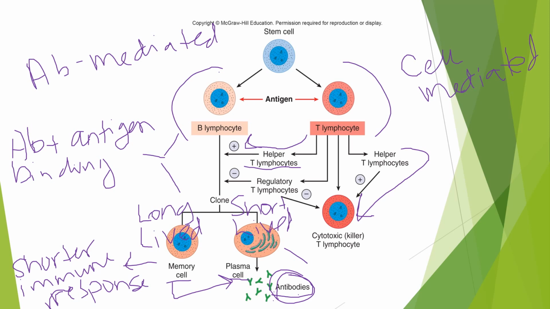Problems that can occur with these killer T cells are seen in autoimmune diseases, where for whatever reason there is some discrepancy in recognition of self, and the self cells that wouldn't kill themselves start killing themselves, starting the apoptotic pathway. Multiple sclerosis would be an example of this.